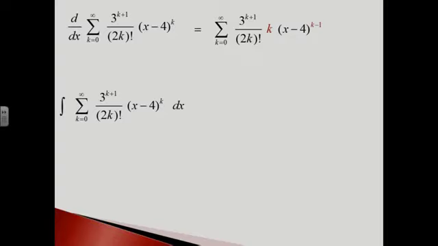The integration can also be carried out term by term, and the result is 3 to the power of k plus 1 divided by 2k factorial multiplied by 1 divided by k plus 1 multiplied by x minus 4 to the power of k plus 1 plus c.